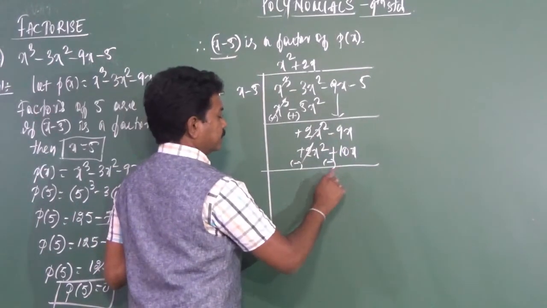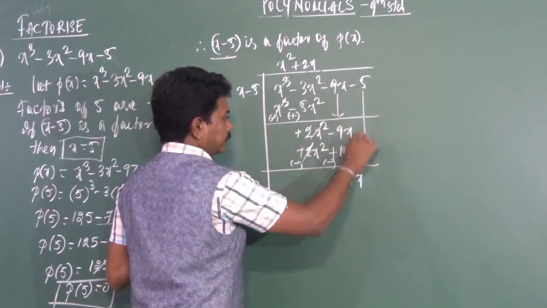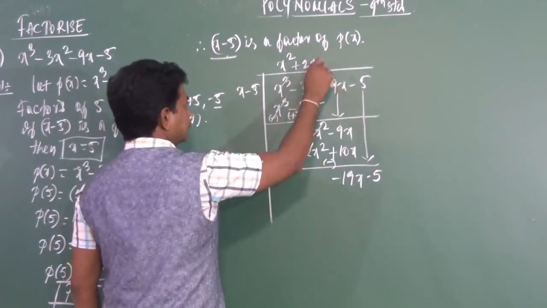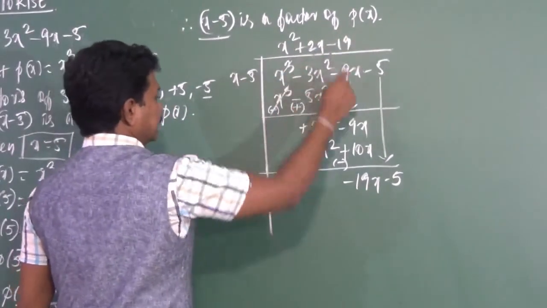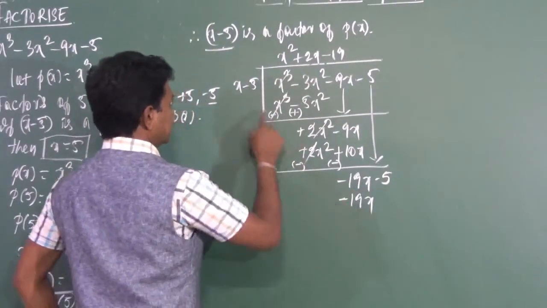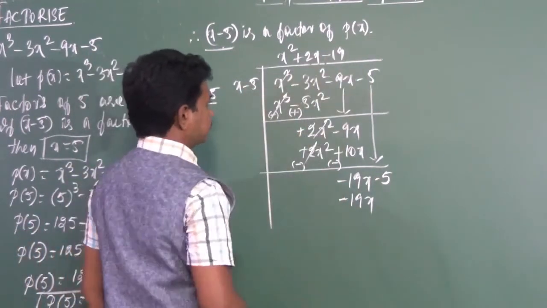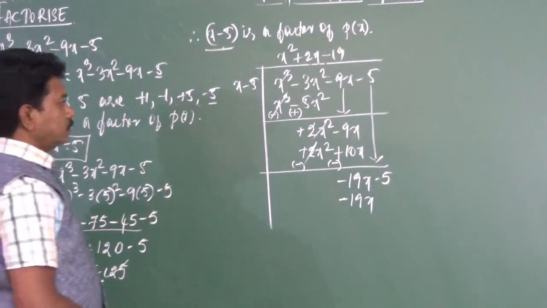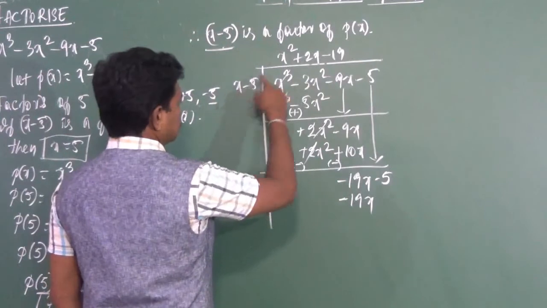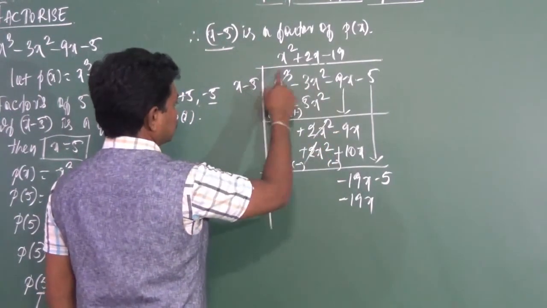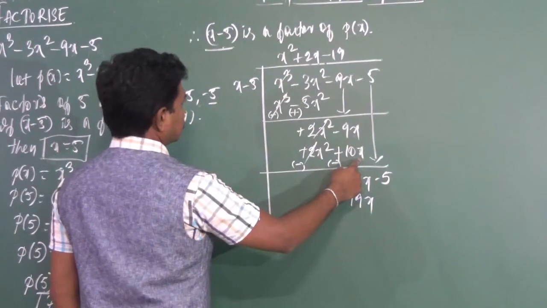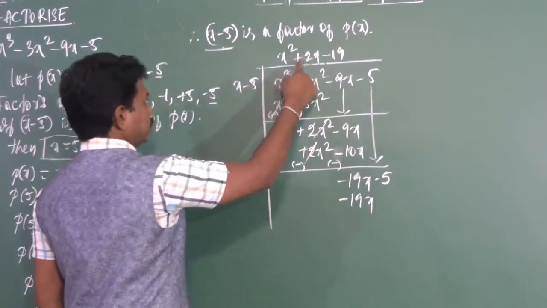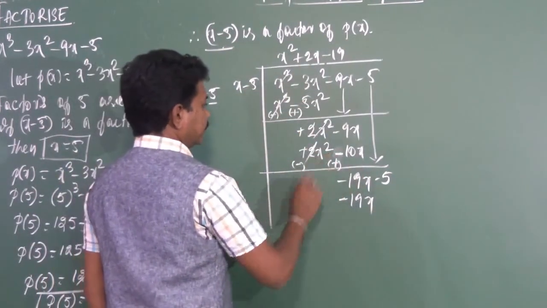Sorry, minus 5 into plus 2x is minus 10x, so when subtracted it becomes plus.